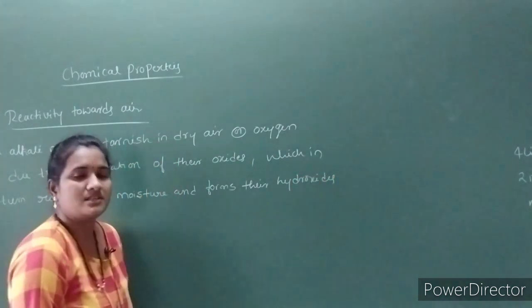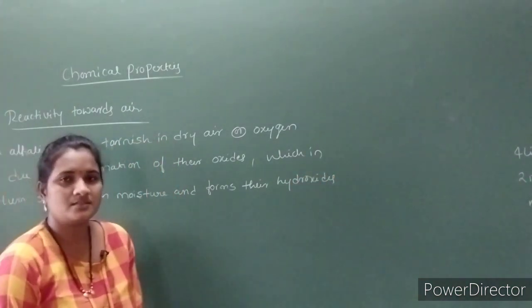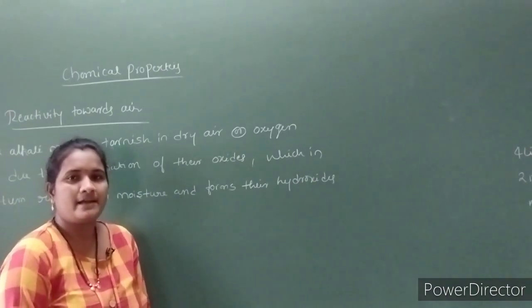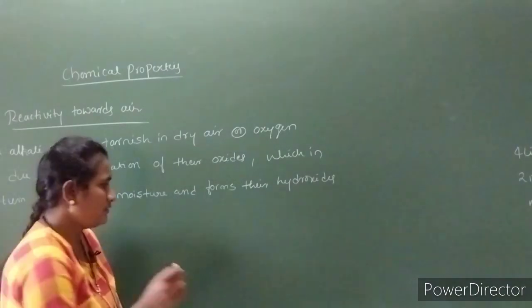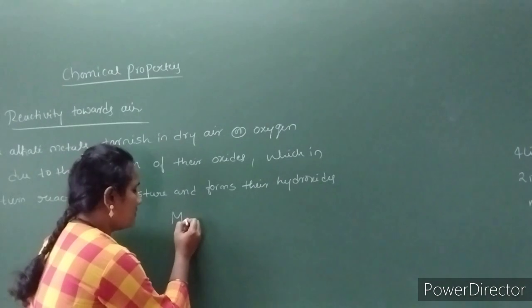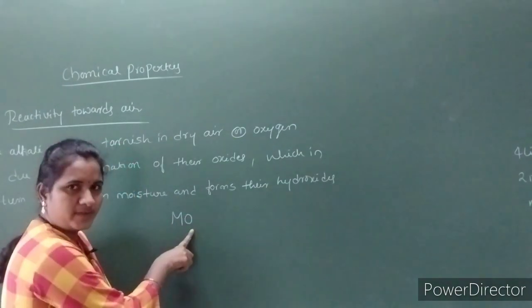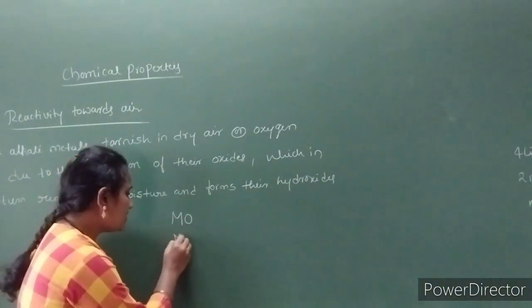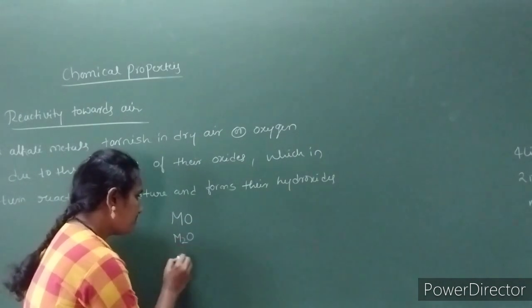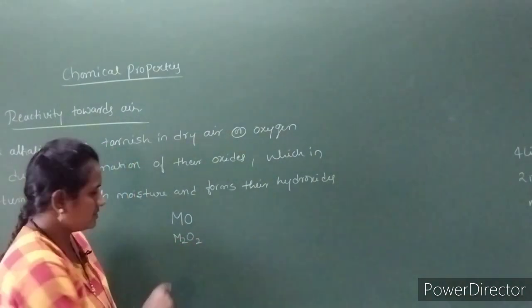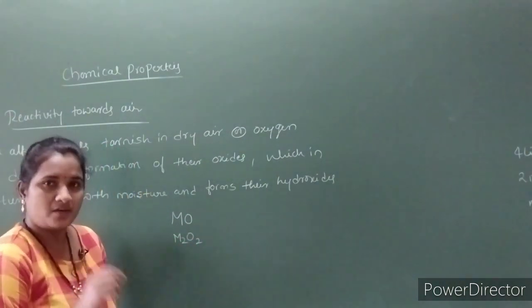These alkali metals form oxides, peroxides as well as superoxides. If a metal is with one O, it is considered a metal oxide. If two metals are coupled with two oxygen atoms, those are considered peroxides.